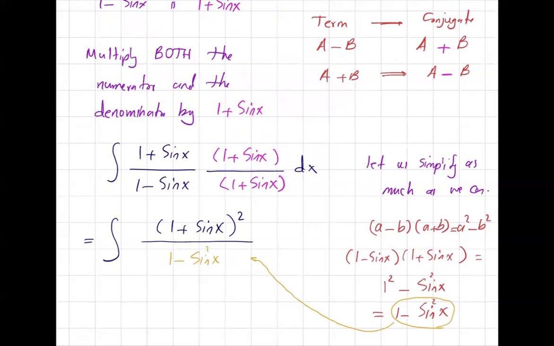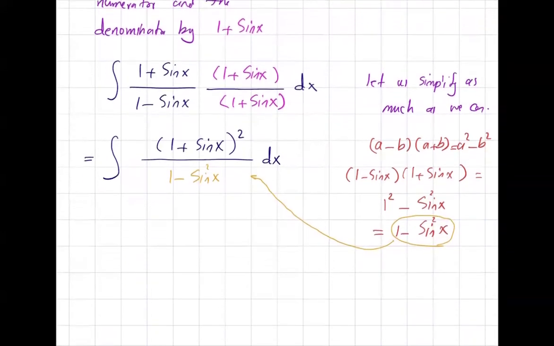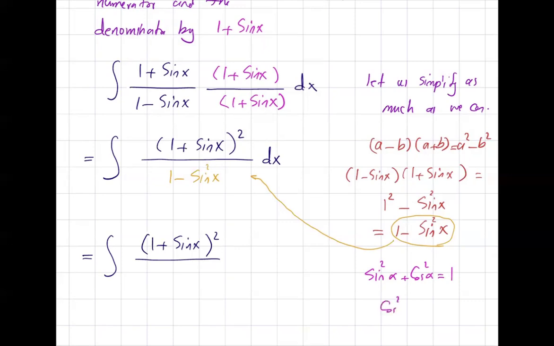Then we are going back to pre-calculus and simplify this further. You get the integral of 1 plus sine x to the second power divided by, remember from pre-calculus, sine squared plus cosine squared of alpha is 1. So 1 minus sine squared is cosine squared.